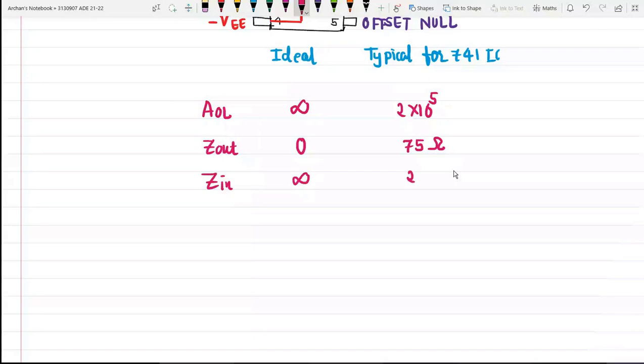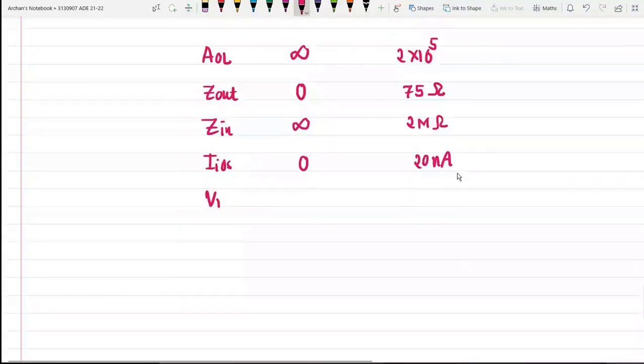Then input offset current IIOS should be equal to 0 ideally, but we will get 20 nanoamperes. Similarly input offset voltage VIOS should also be equal to 0, but we are getting a very low voltage at the output terminal, 2 millivolt typically.